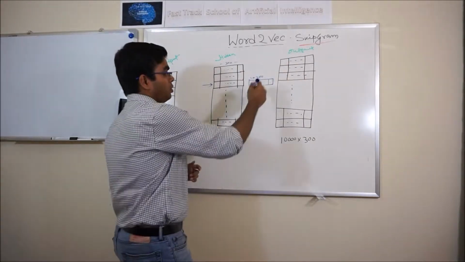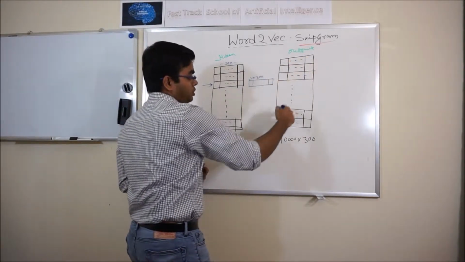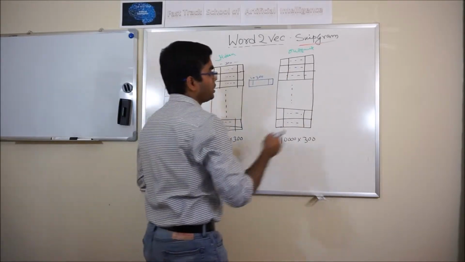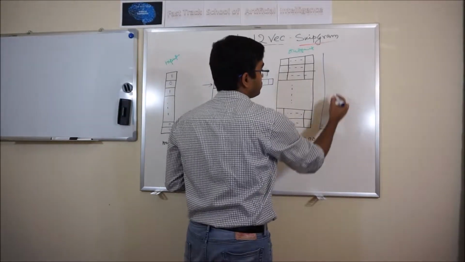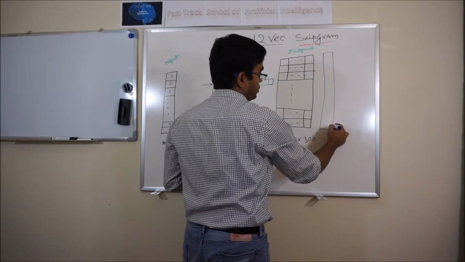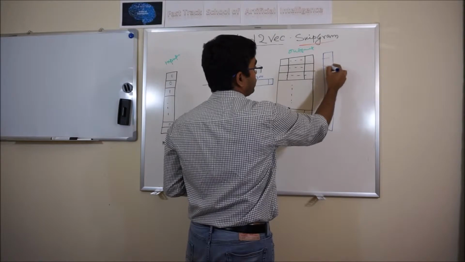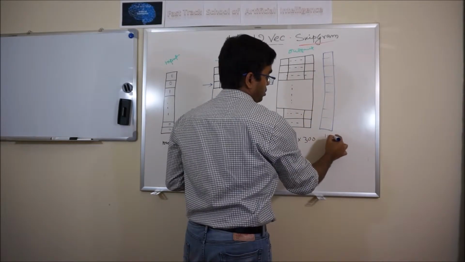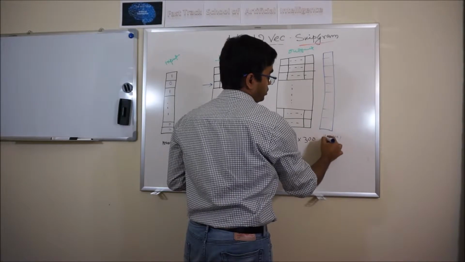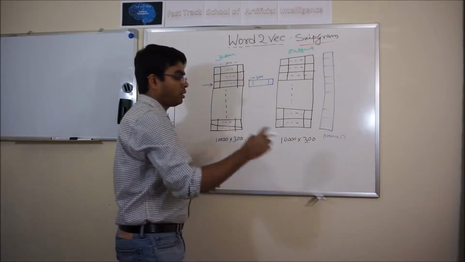Once we have multiplied with each of these rows, you are going to get a list of values, in total 10,000 columns in one row.